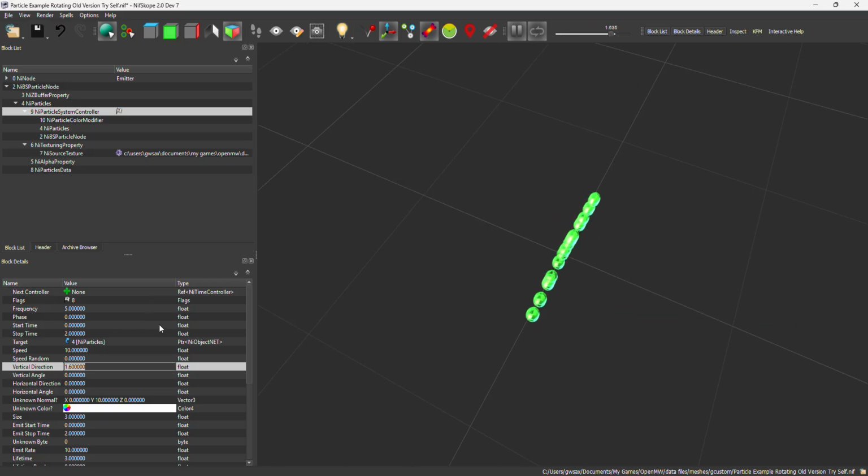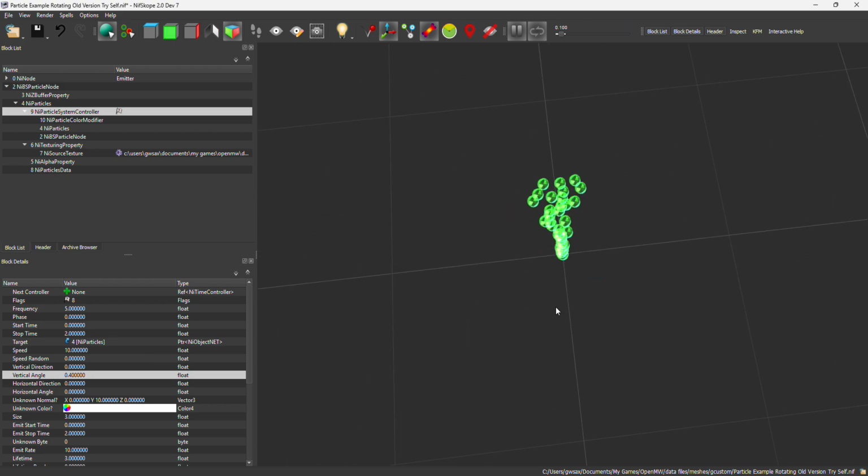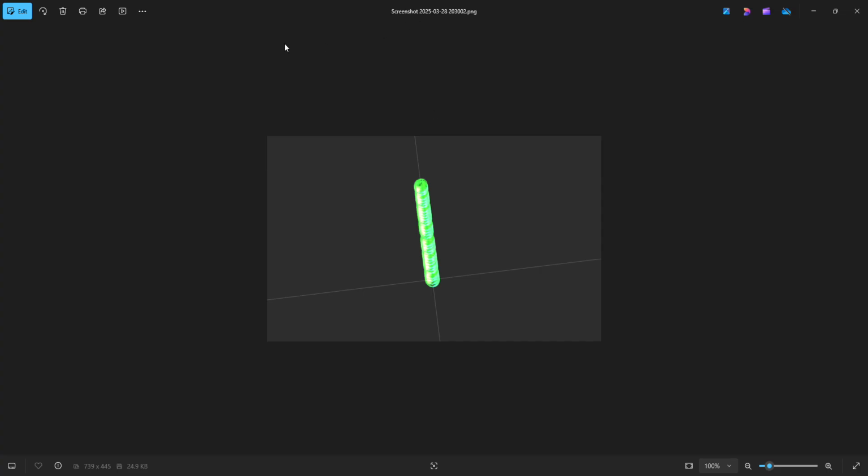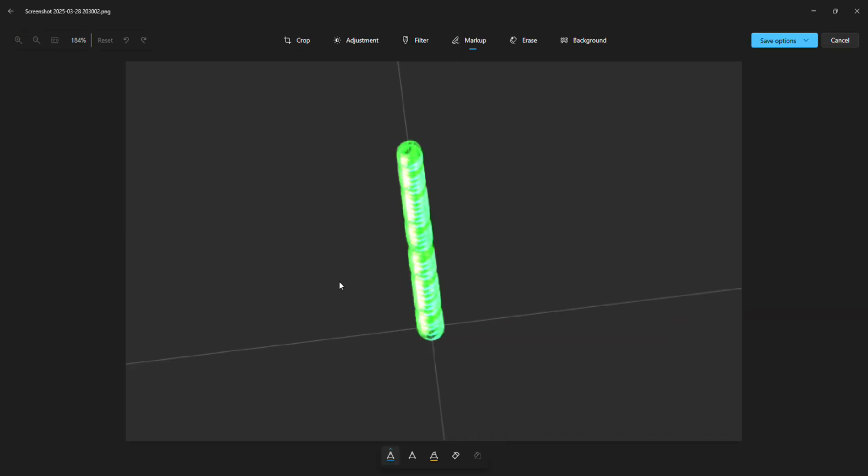Then we can go back to 0, and I'll show you what the vertical angle does. This is also in radians, so if I go 0.4, we get a fan spread like this. All the vertical angle does is, you can just go like this.